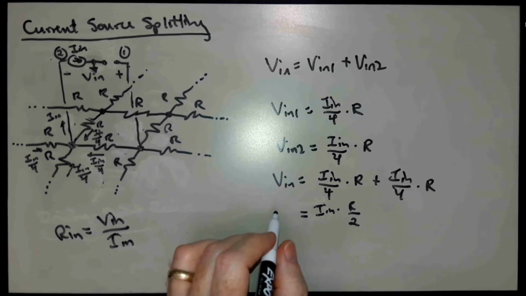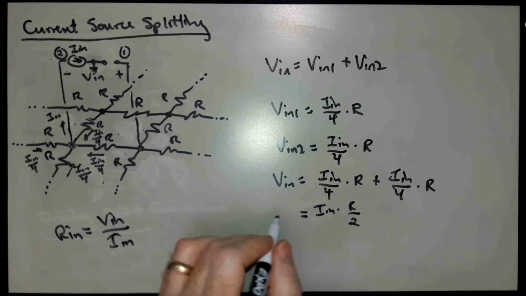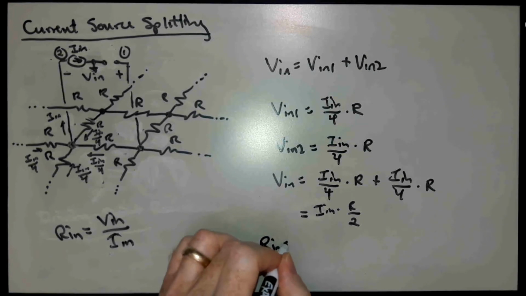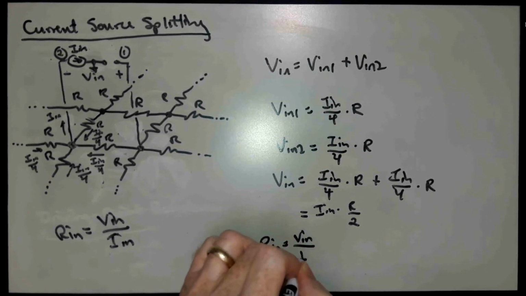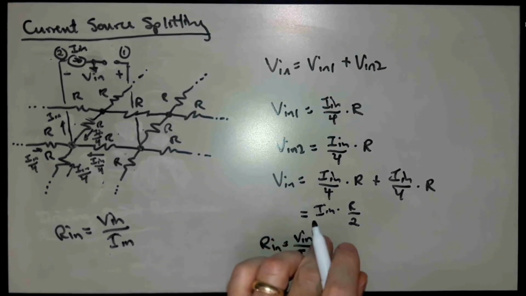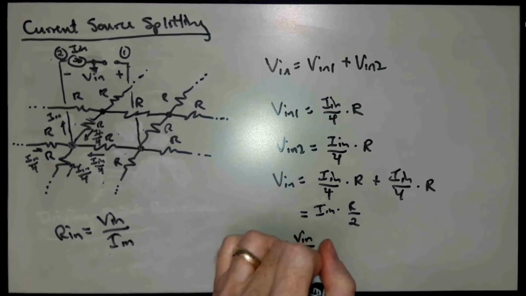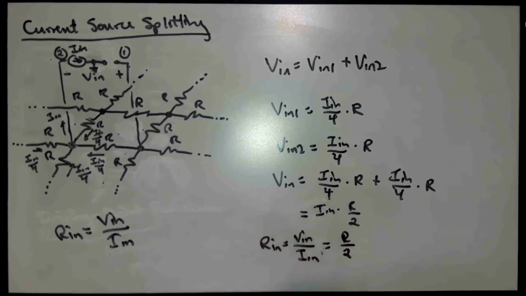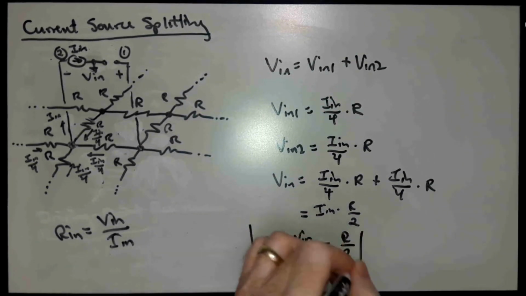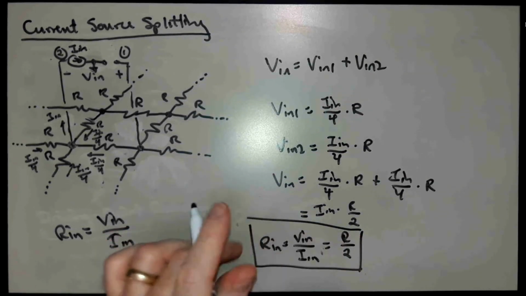Then Vn over In, we just move the In downstairs, so Rn equals Vn over In, which is equal to R over 2. Pretty easy.